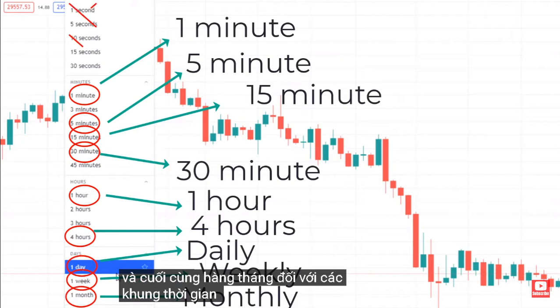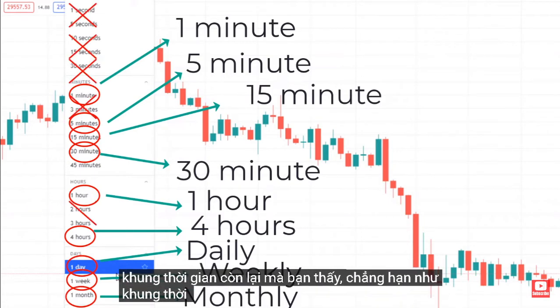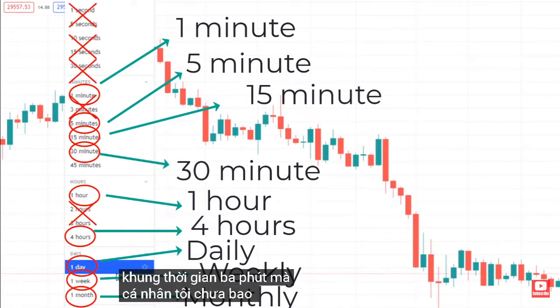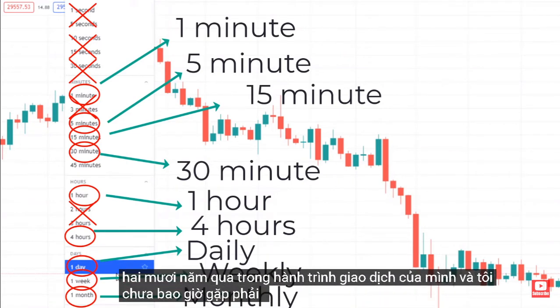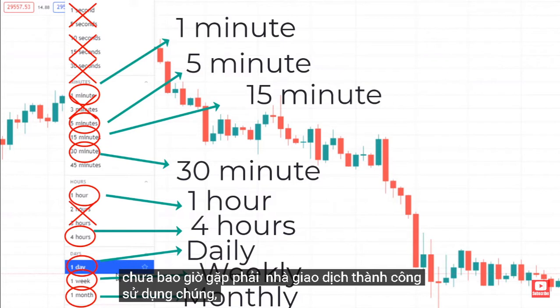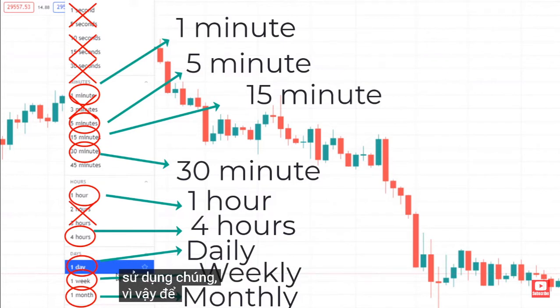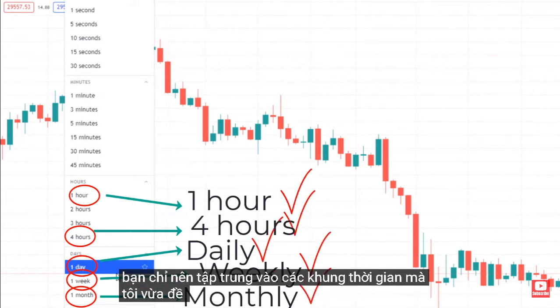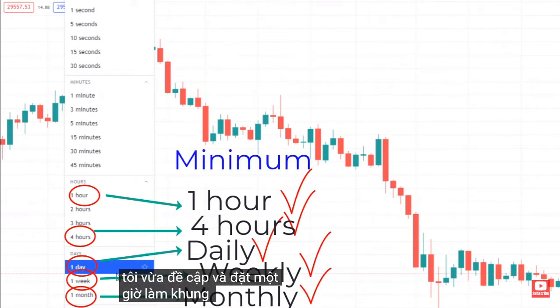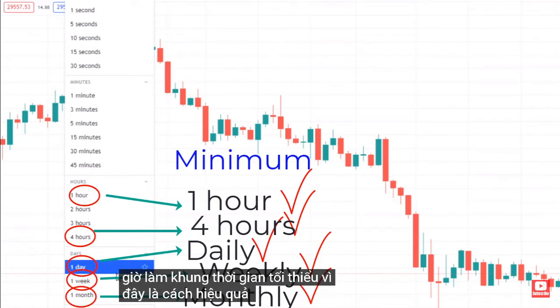As for the rest of the time frames you see, such as the 3 minutes time frame, I have personally never used them in the past 20 years of my trading journey, and I have never ran into a successful trader who uses them. So, to keep it simple, I recommend that you just focus on the time frames, which I have just mentioned, and set the 1 hour as the minimum time frame, because these are the most effective.